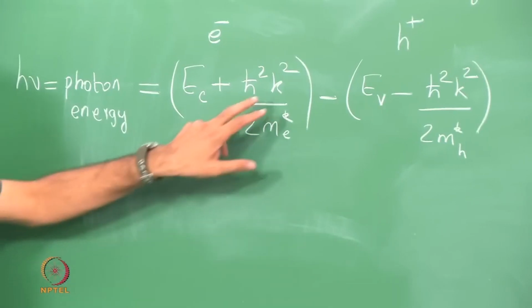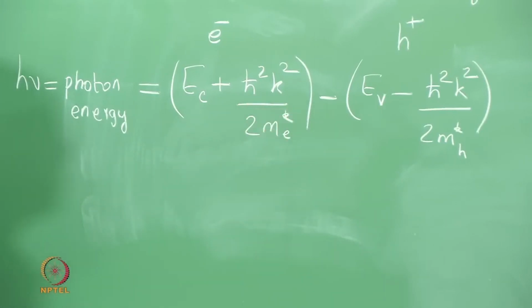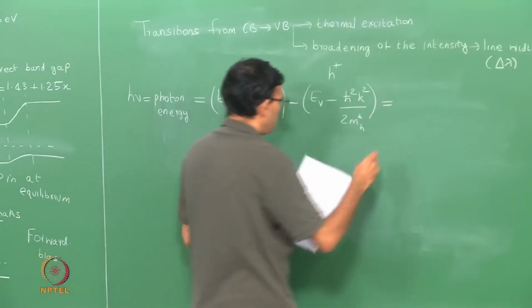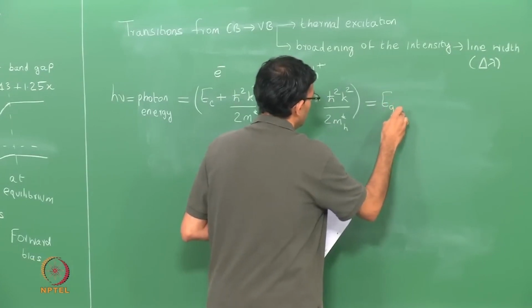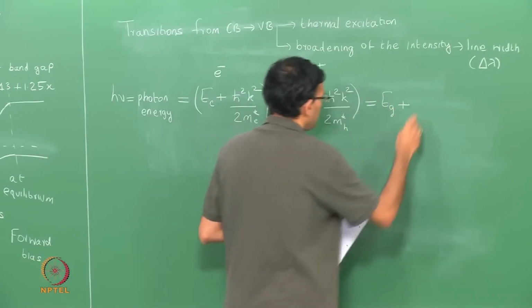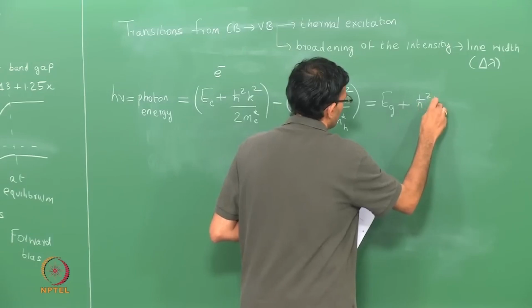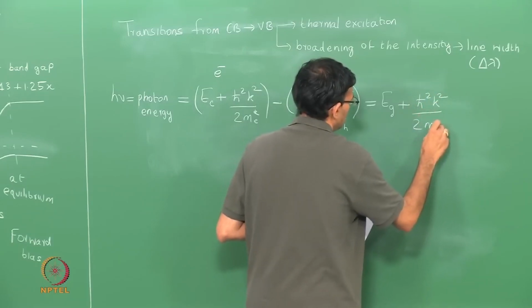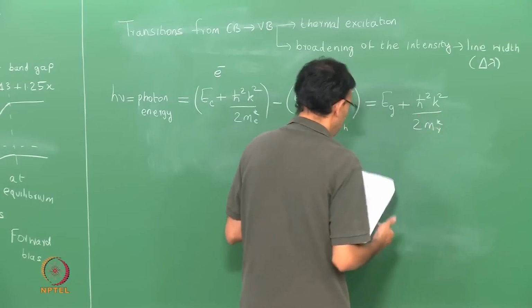These values of k can be different, but for simplicity let me just take them to be the same. In this case, this equation simplifies to E g plus h bar square k square over 2 m r star.